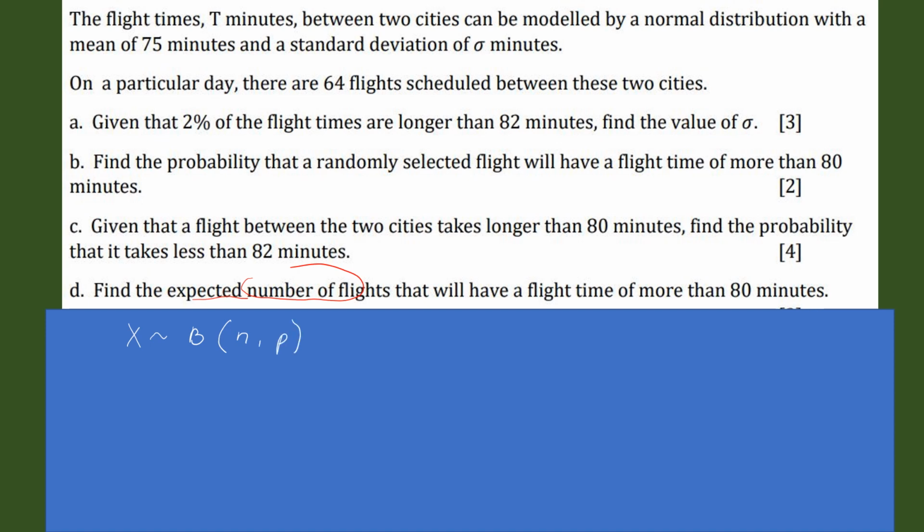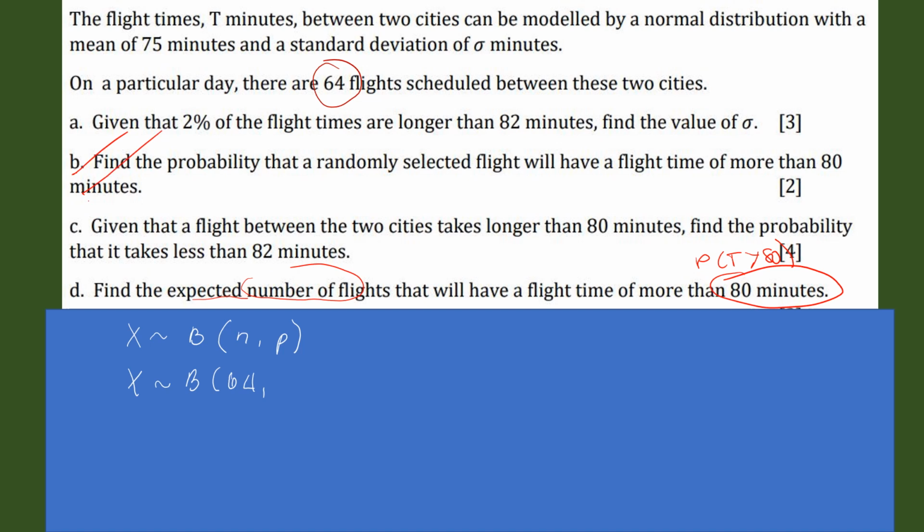Using the given and the things we have solved already, x is binomially distributed with number of cases 64, and the probability of success for 80 minutes has been solved.